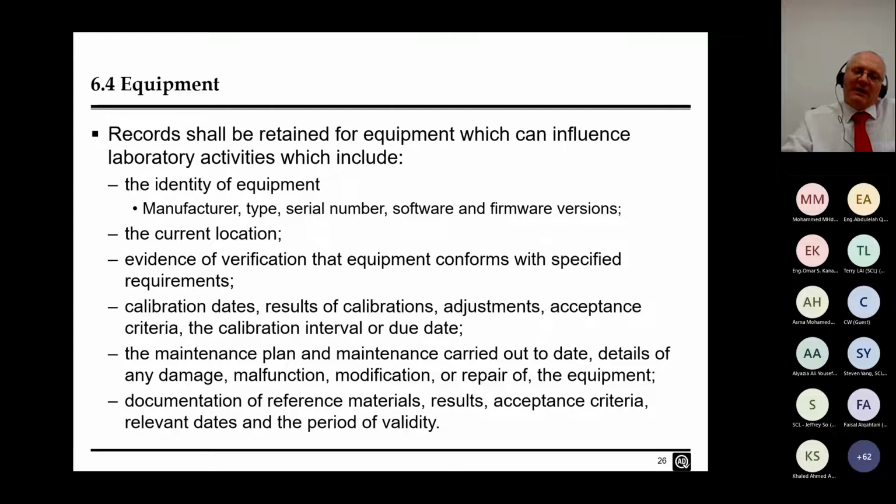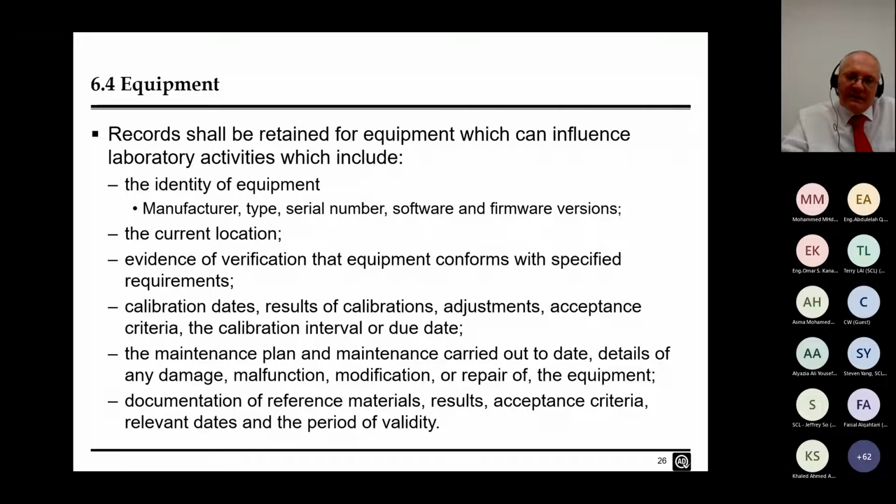You need to keep a record of when it was calibrated, what the results were, when it was adjusted. You need to have acceptance criteria, and you need to have the calibration intervals or due dates. So you need to understand this equipment, how many times it's been calibrated, when it was calibrated, what the intervals are, what the results are, how often it needs adjustment.